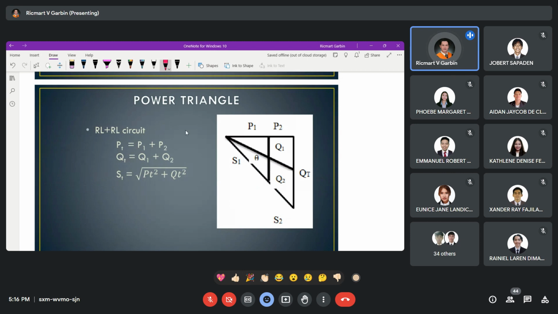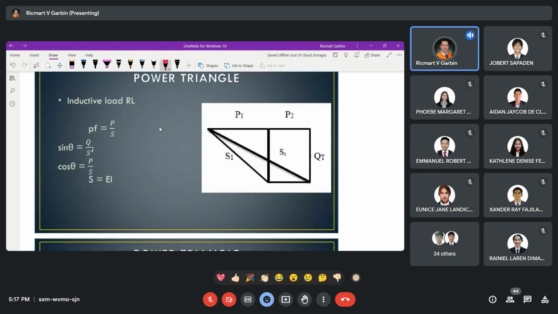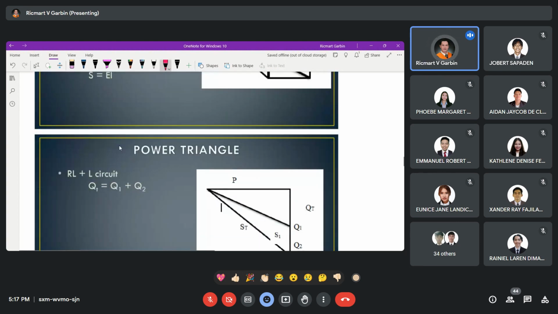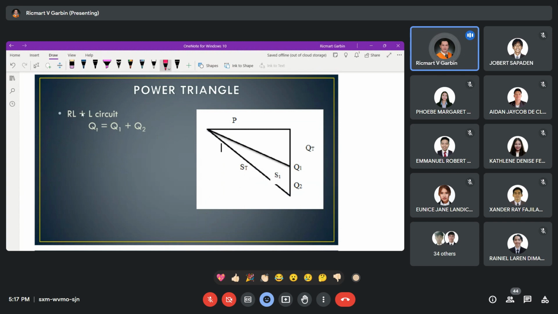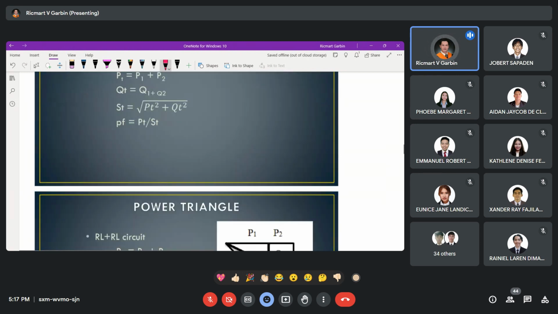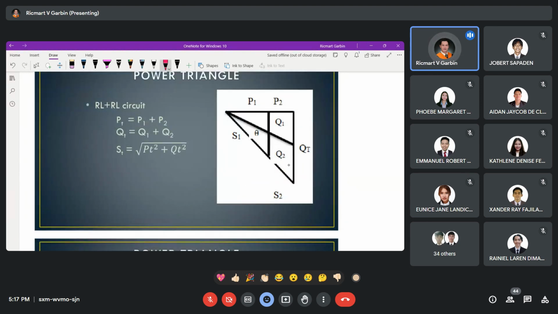Ito namang mga diagram, hindi na natin masyadong pagtutuunan ng pansin. Ito yung sa mga power factor correction. Halimbawa, meron kang RL, tapos dadagdagan mo siya ng inductive na circuit. Ibig sabihin, madadagdagan yun. Halimbawa, dalawang RL circuit yung ating dinagdag.